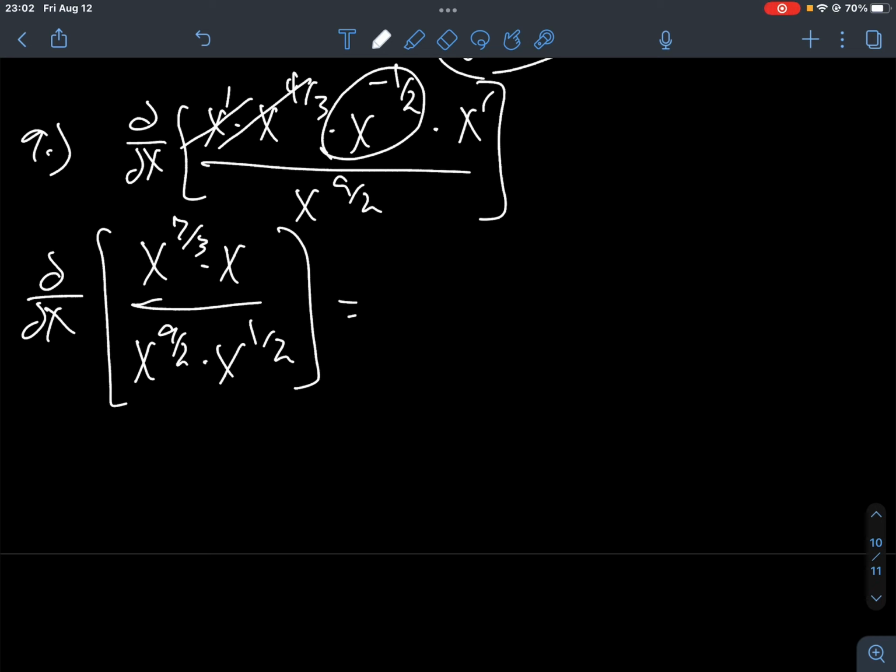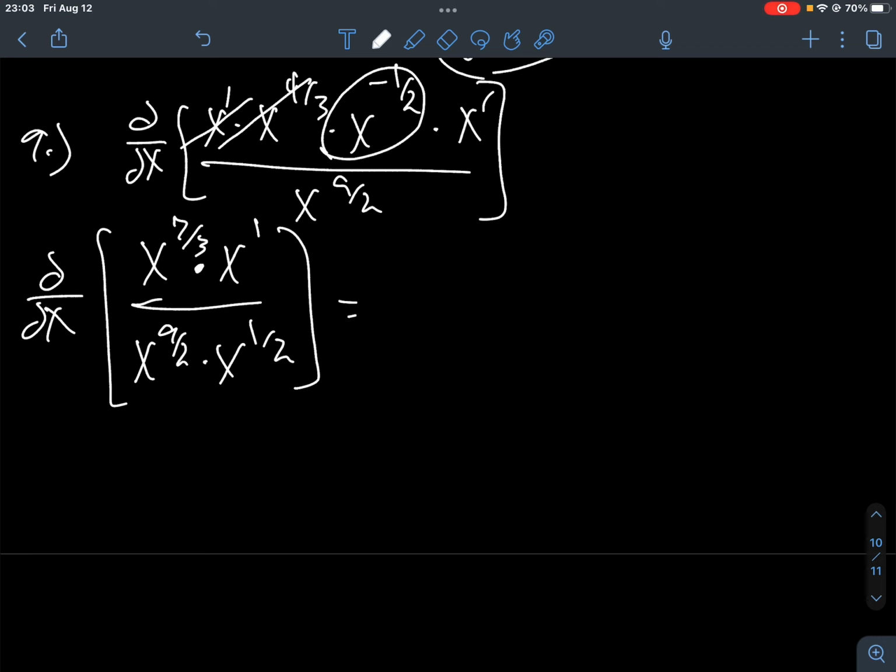So what are we going to get? Well, for the top one, remember this is to the first power. So 7/3 plus 1 is what? That is a multiply sign, not a minus sign.